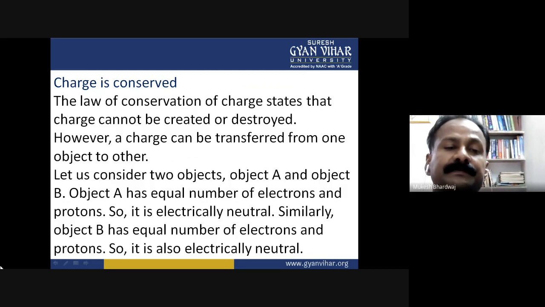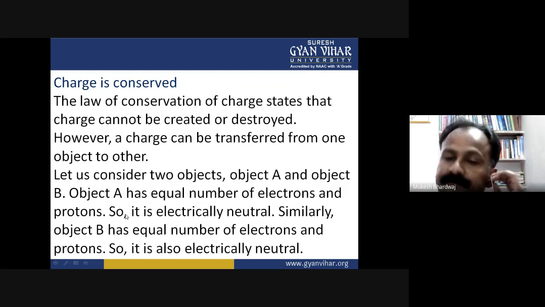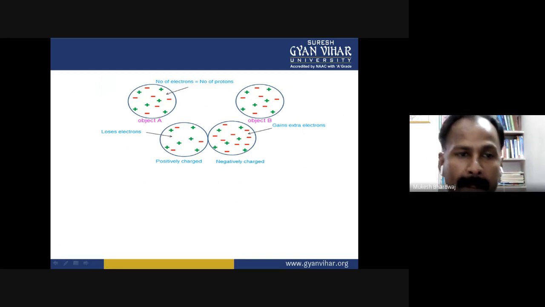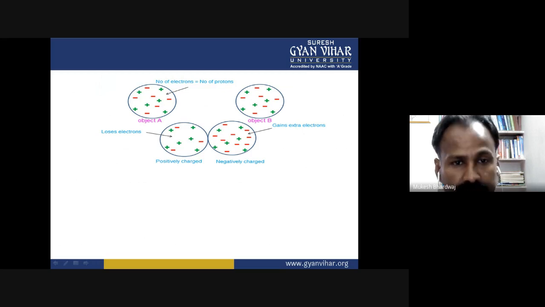So let us consider two objects, object A and object B. Object A has an equal number of electrons and protons, so it is electrically neutral. Similarly, object B has an equal number of electrons and protons, so it is also electrically neutral.